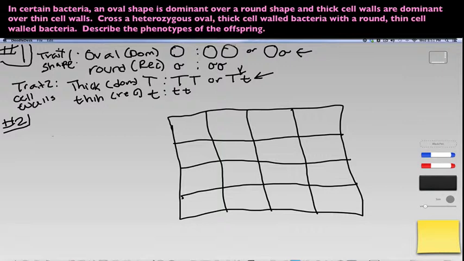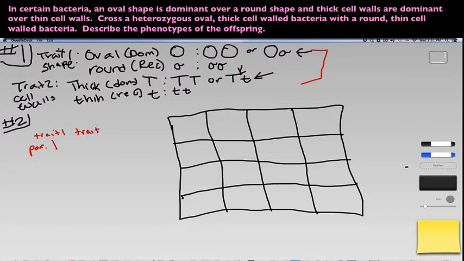And they expect you to understand and know, because of all this information that we have up top here, you should be able to figure out what the problem's asking you. So let's go ahead and look at what our parents are going to be. The first parent is heterozygous oval. So parent one, and remember, we have trait one, you get two alleles, and trait two, you have two alleles.